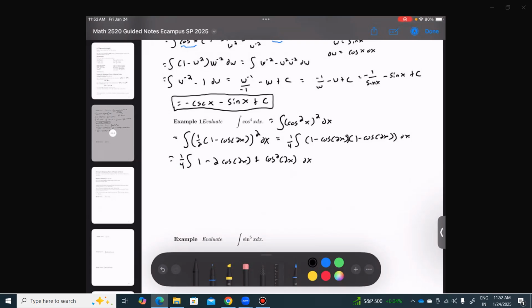Now, what we notice here is we have another cosine squared. So we have to use that same substitution again. So this is going to be 1/4 integral of 1 plus 2 cosine of 2x plus 1/2 times 1 plus cosine of 4x, since you have to double the x when we do this.